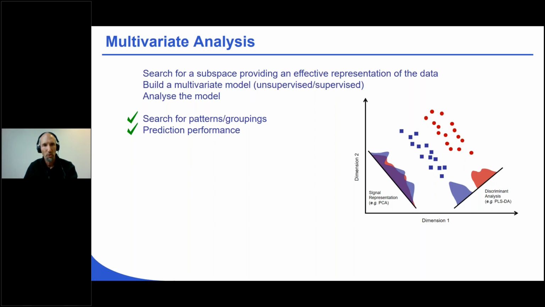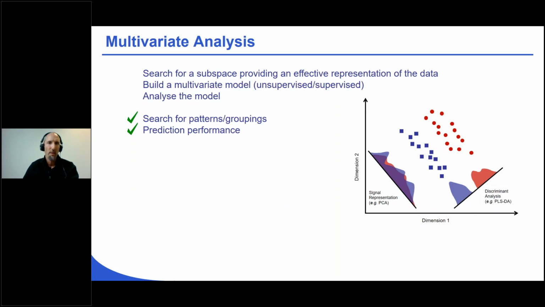Of course, you need to define the aim of the modeling strategy. It can be unsupervised with the classical principal component analysis, or a supervised approach when you want to go more in the discriminant analysis of your subgroups.